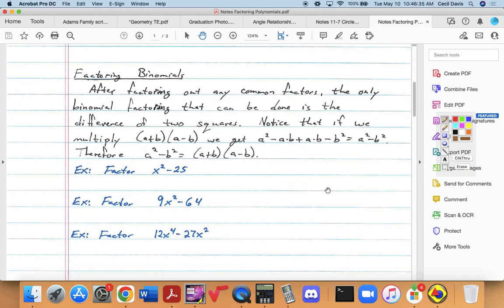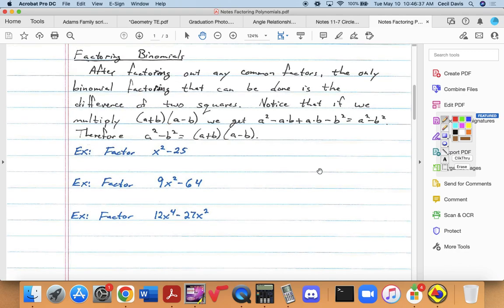All right. So, factoring binomials. Binomial means it has 2 terms. After you factor out any common factors, the only binomial factoring that can be done is the difference of 2 squares. So notice, if we were to multiply a plus b times a minus b, we'd have a times a is a squared.